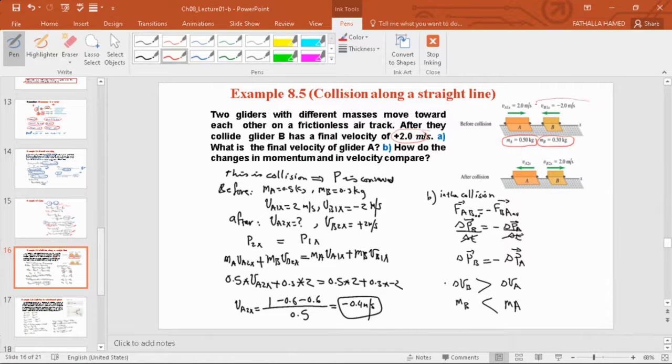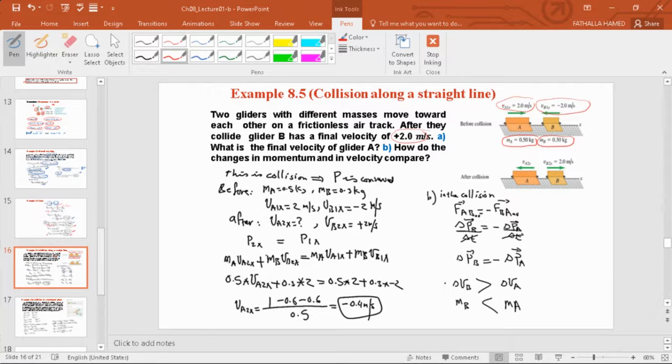The incoming velocity of B, which we call VB1x, is equal to minus, because it's coming in the negative x direction. VA1x is equal to 2 meters per second, moving to the right.